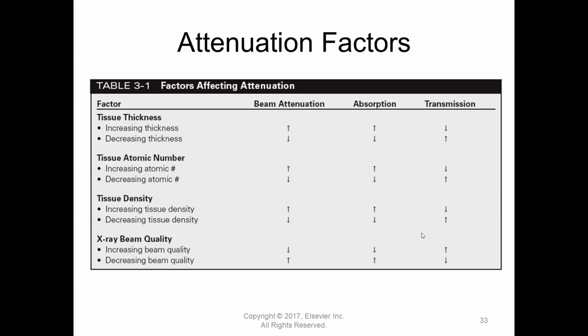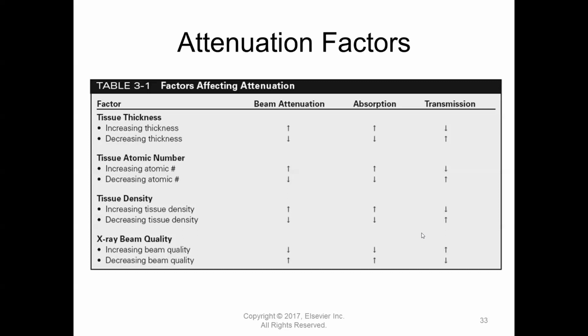So you can look at each of these factors and think, okay, overall attenuation, including absorption and scatter, is it going to go up or down? Same with absorption, same with transmission. Scatter, you have to remember that that probability is pretty even throughout the energy ranges we use.